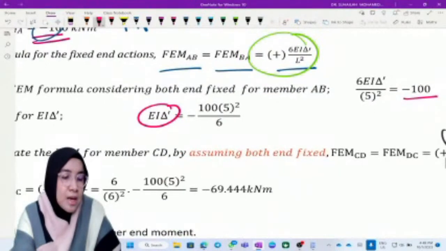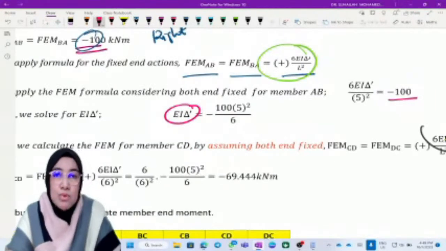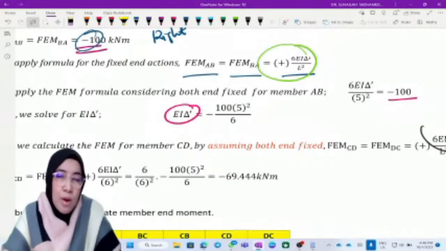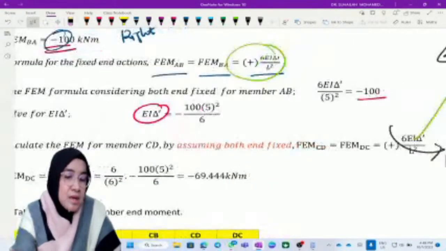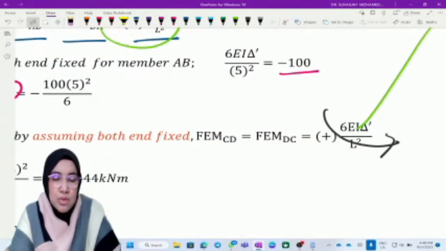We use this EI delta prime and substitute it into the formula to calculate the FEM for member CD. FEM CD is equal to FEM DC.